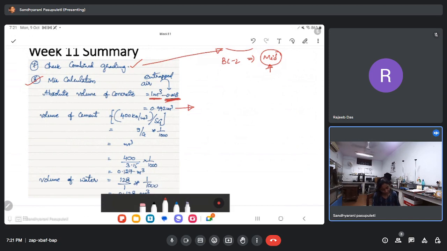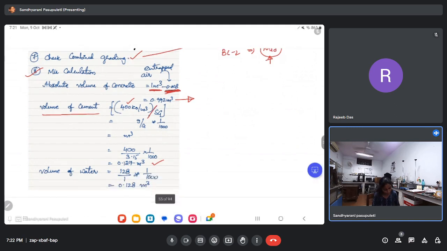So if I want to calculate the volume of cement, we already calculated 400 kg per meter cube as the required cement. If we divide that by the specific gravity, we get 0.127 meter cube of volume of cement.